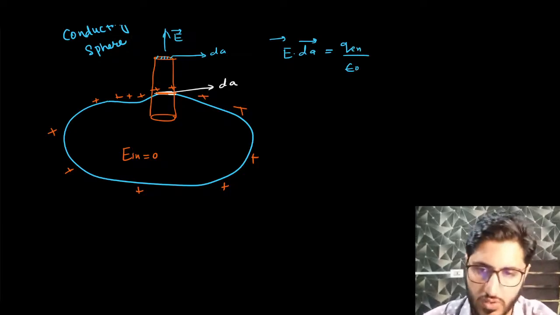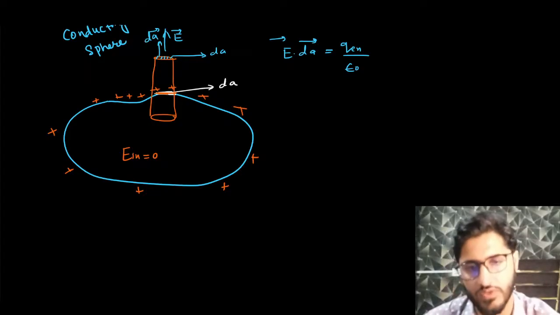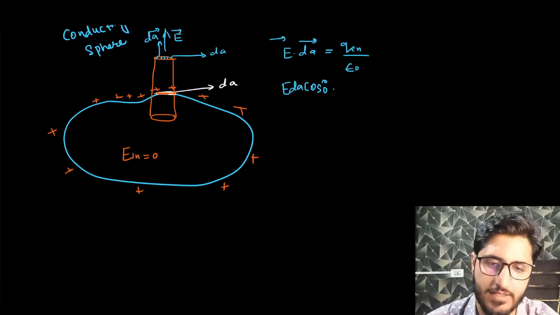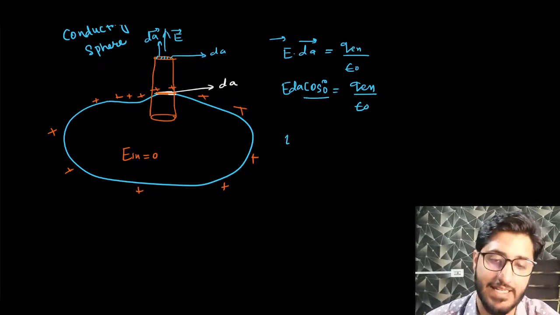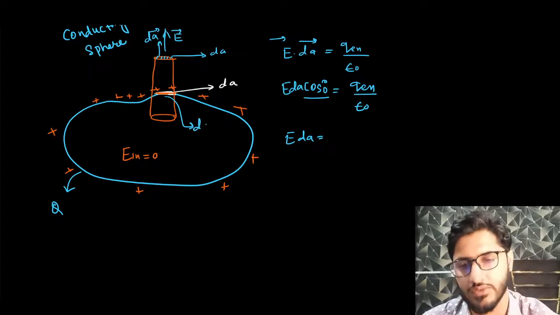Done. So look now, the area vector will be outwards and E is outwards. So can I write E dA cos 0 degree equals charge enclosed by epsilon naught? Cos 0 is 1, so I can write E dA. What is the charge now? If the charge of the whole is Q, the charge of this small portion would be dq.